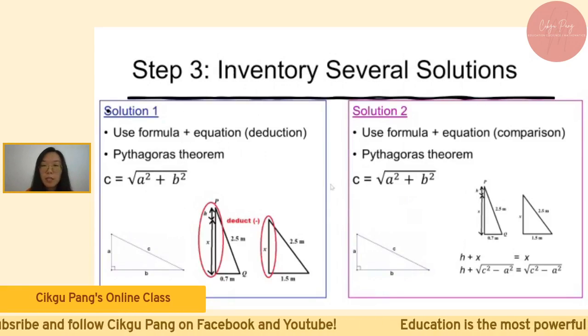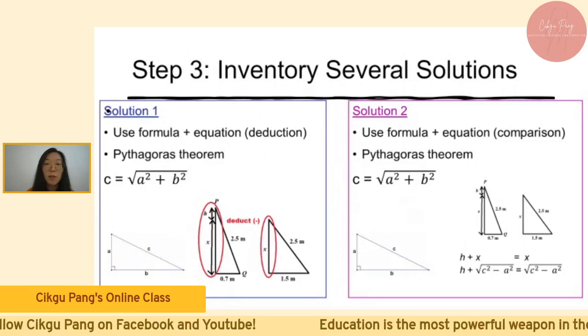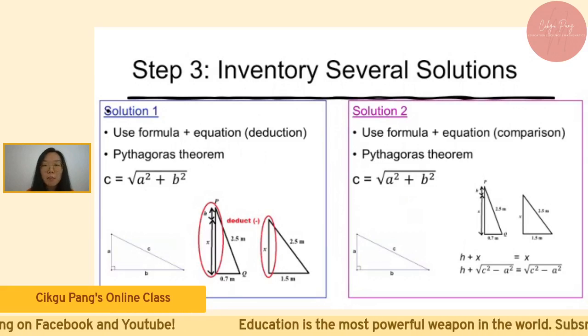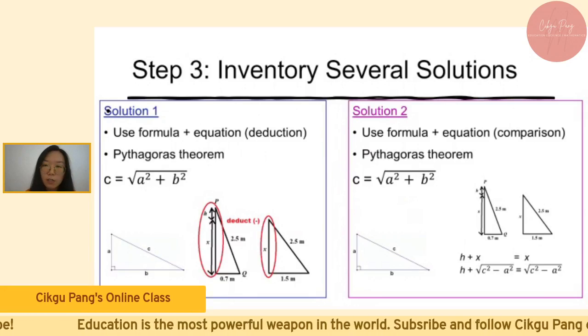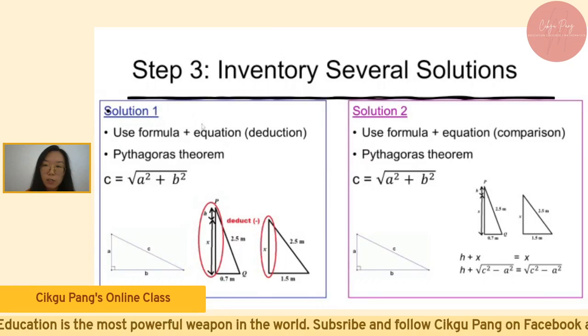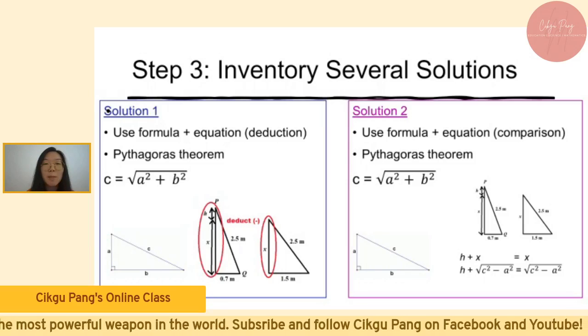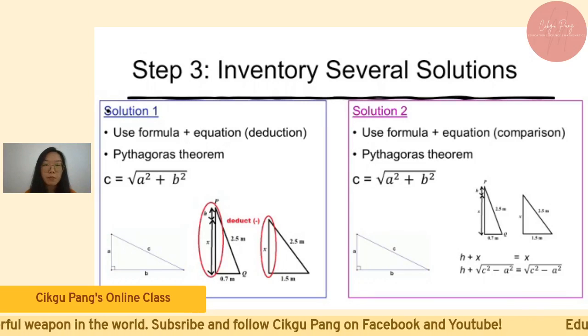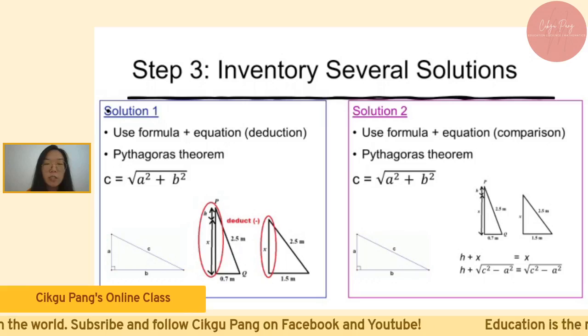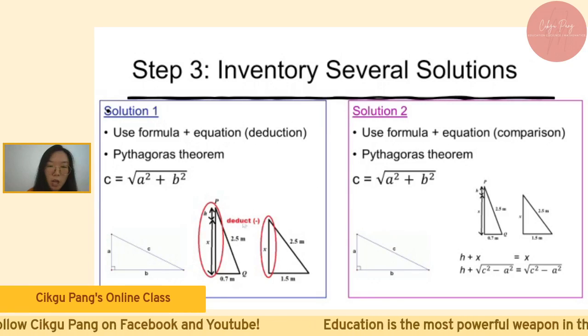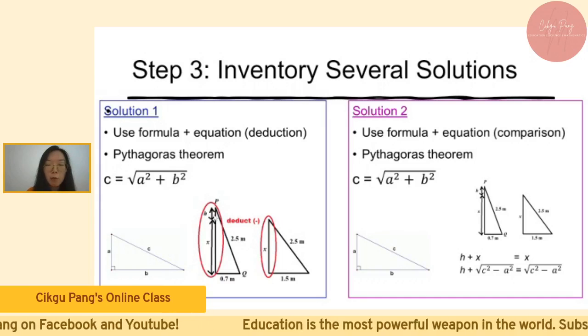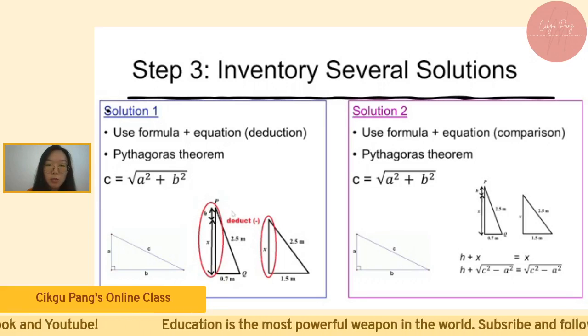Step 3, inventory several solution. That means we try different solutions to get the answer for this problem. So solution 1, we can try to use the formula that we learned in Pythagoras theorem and apply the equation to get the answer. From this picture, we can see that if we want to get h, we can use deduction.